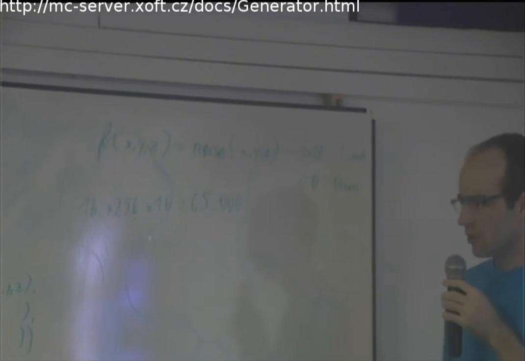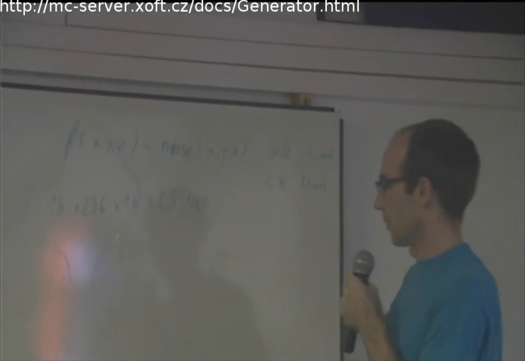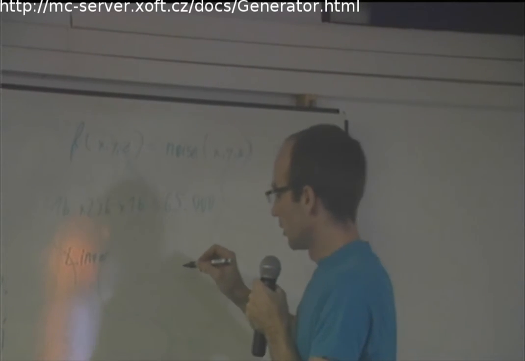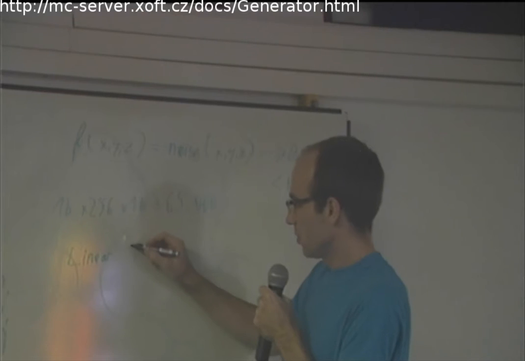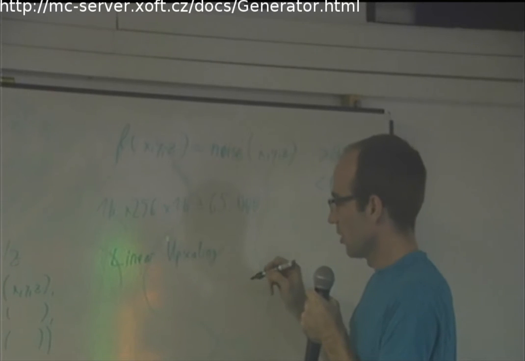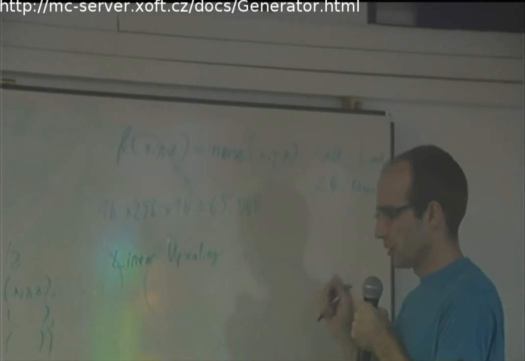So what we do instead is linear interpolation. And we are even better, because interpolation is still slow. We do upscaling, which is a subset of the interpolation when we know that we are upscaling by an integer number.